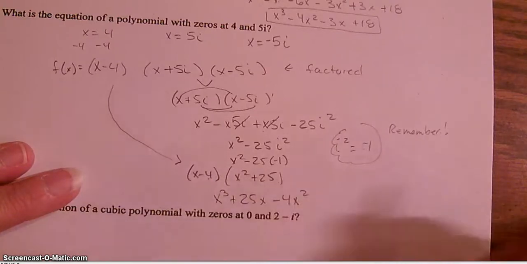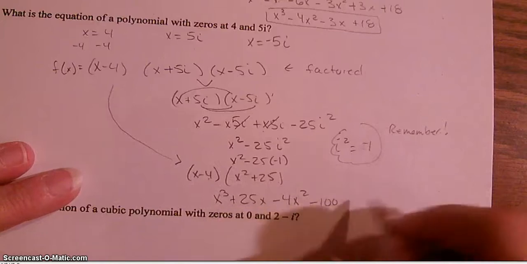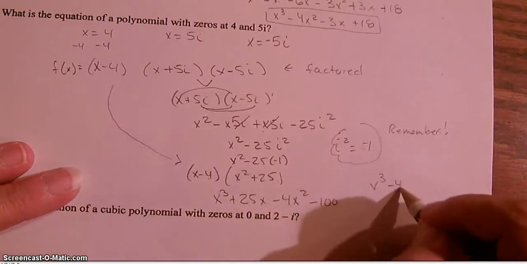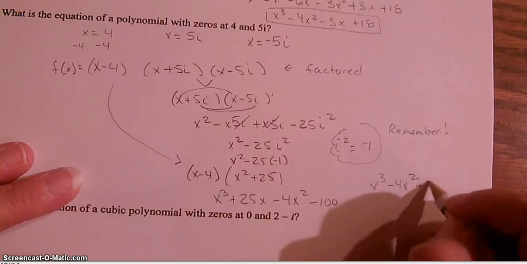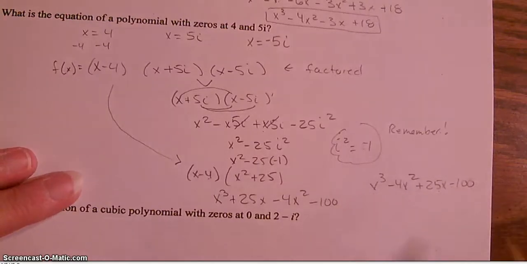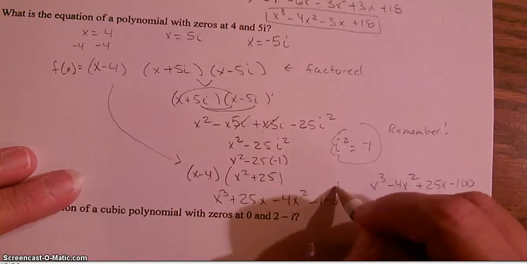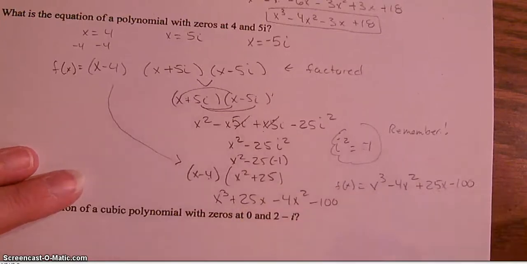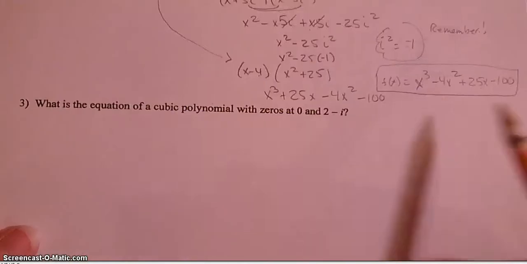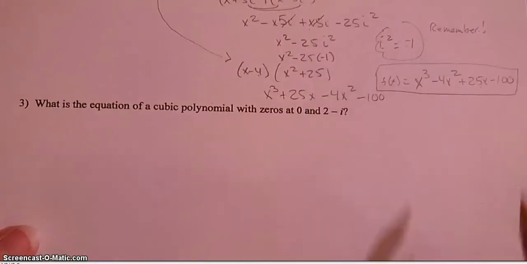And then negative 4 times 25 is negative 100. So this gives me x cubed minus 4x squared plus 25x minus 100. So this is my polynomial with zeros at 4 and 5i. Alright, so I've drawn a box around my last problem there.